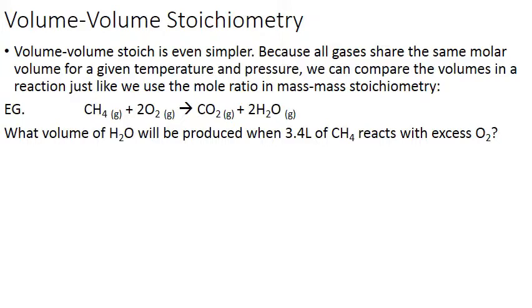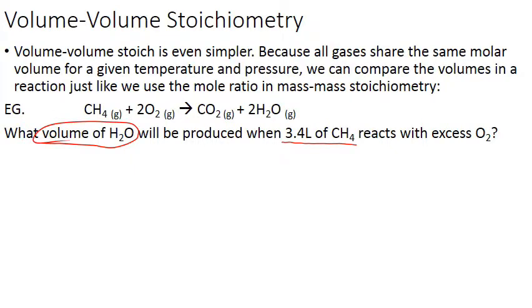At STP, 22.4 litres per mole. It's the same for each and every gas. So, if we have information about the volume of one gas in a reaction, we can use that straightforwardly in a ratio to work out what the volume of another gas is.